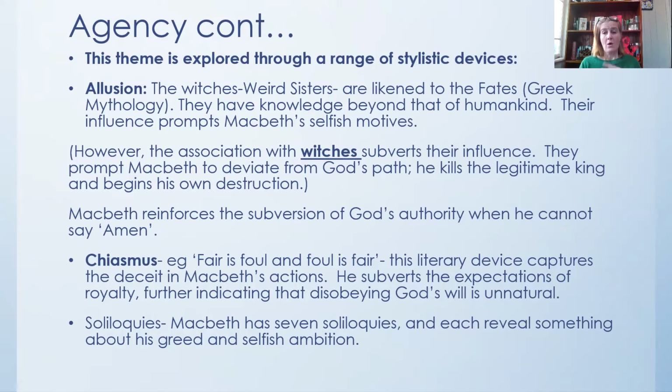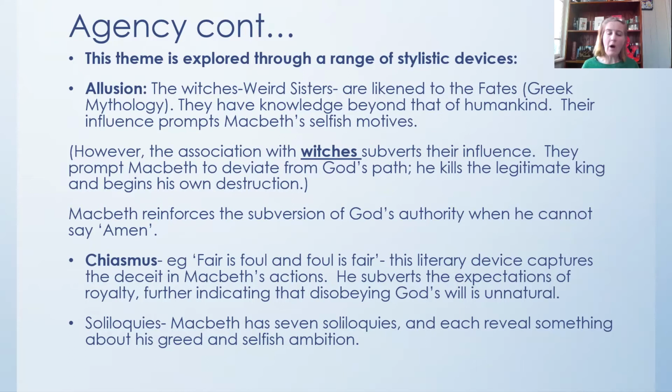So we've talked in a previous tutorial about the importance of the name Weird Sisters and how that links to the Greek mythological representation of the fates. Now, those three crones, those three old women, measured the length of your life, cut your thread, and your life length was predetermined.